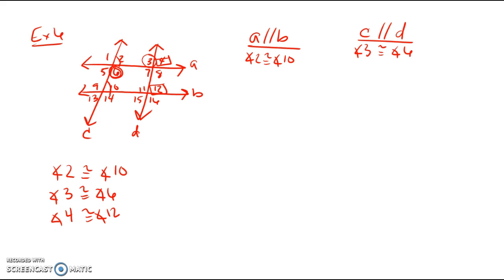And since our corresponding angles are between A and B, and basically because our transversal is D, our two lines that we're cutting are A and B, that means that angle 4 congruent to angle 12 proves A is parallel to B.